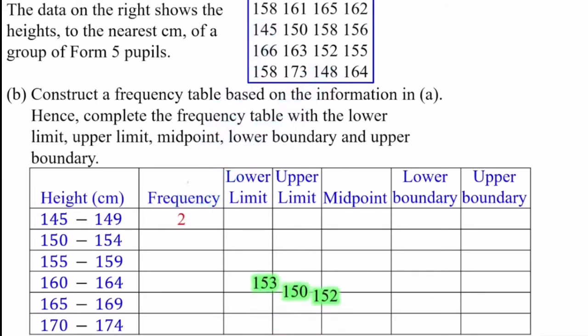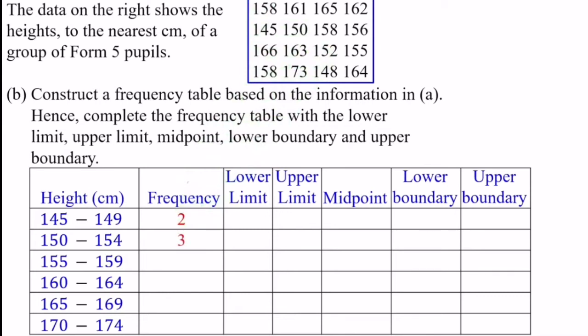But if you don't want to do tally, it's okay. So you count carefully, 150, 152. So be careful when you count the frequency. We have 153, 150, and 152, which lie between 150 to 154. So the frequency is 3.